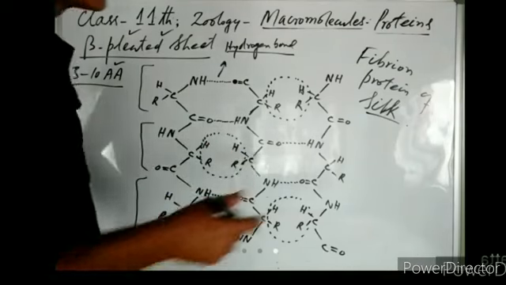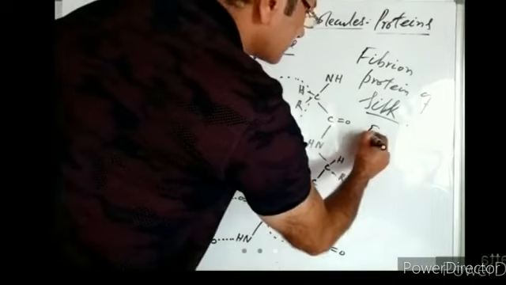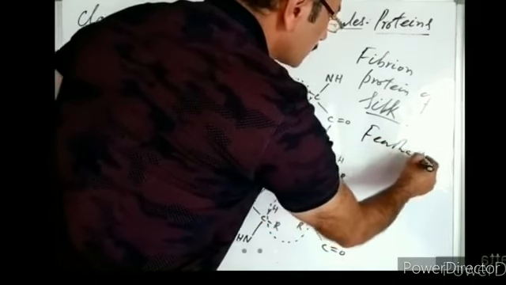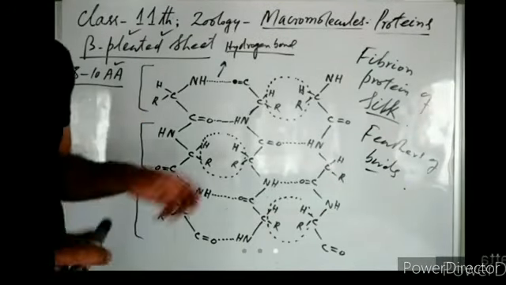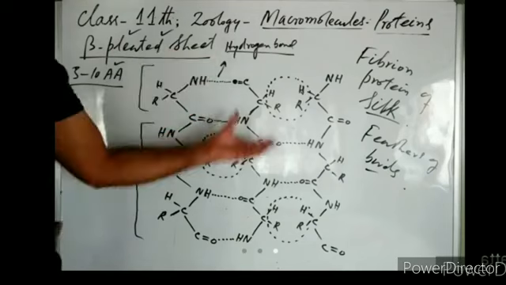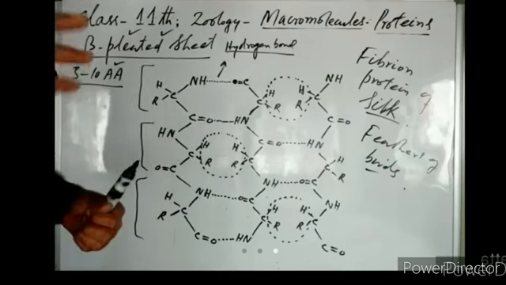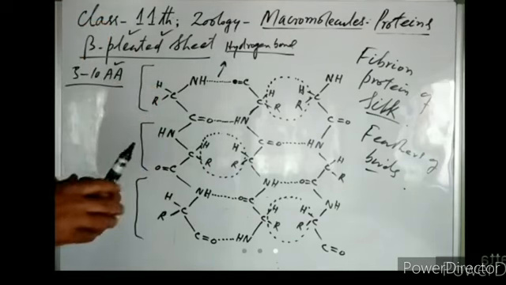It may also be found in the proteins of feathers of birds. The keratin protein, which is present in the feathers of birds, exists in the form of a beta-pleated sheet structure, right? Now, I hope you have understood what is alpha helix and what is beta-pleated sheet.